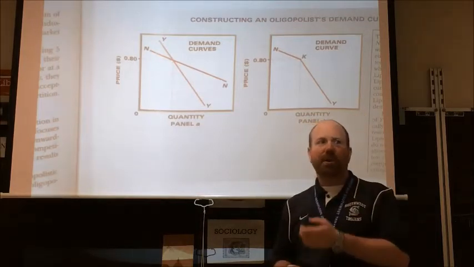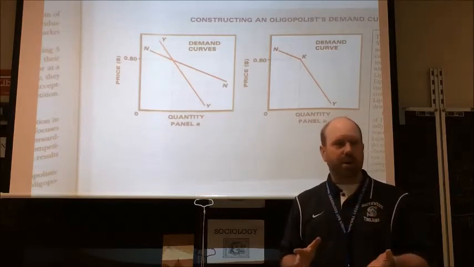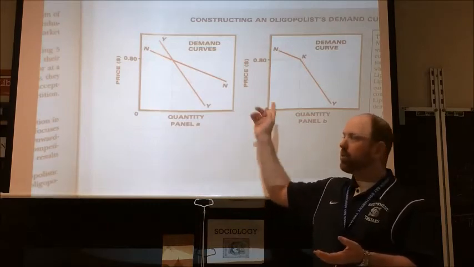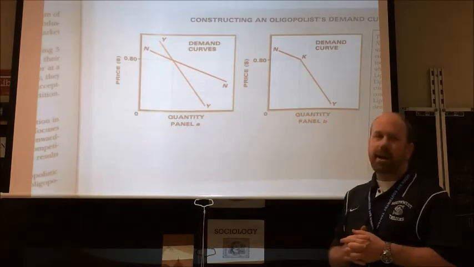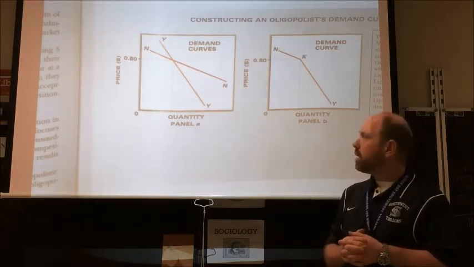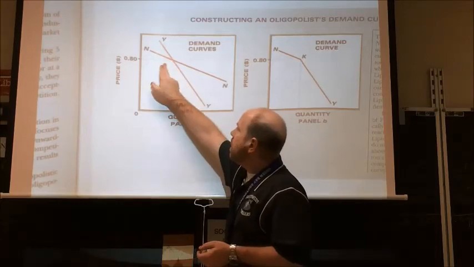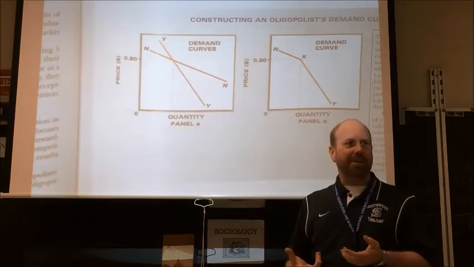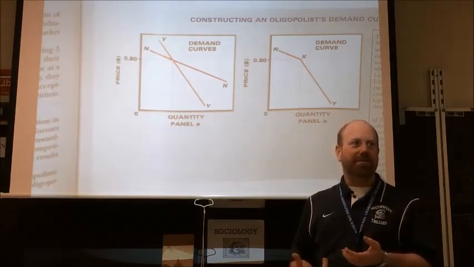But if companies choose not to raise and lower their prices with Lipton, because Lipton's not a Godfather like we saw with Hershey's, then Lipton's curve is going to be NN. Because now, even a small increase in price from this level up to there, we see a big drop-off in the quantity demanded for Lipton because nobody else raised their prices.